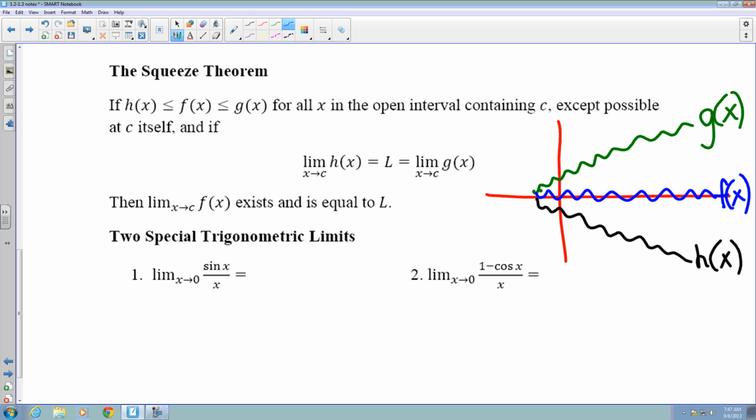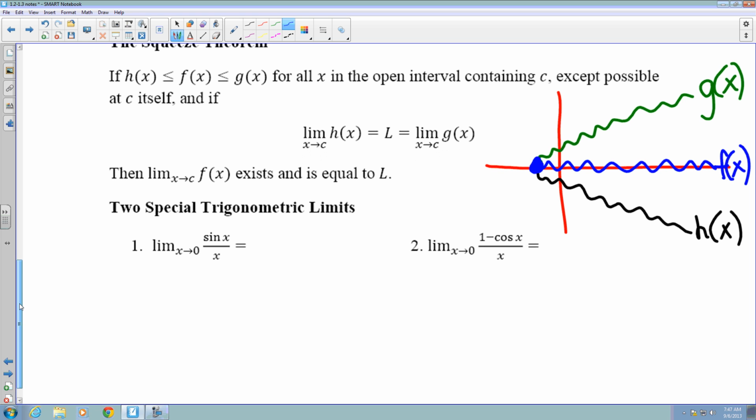And we're looking at the limit at this point here. Since g has a limit of 0 and h has a limit of 0 and f is right in the middle, it's also going to have a limit of 0 at that point. We're not going to use that too much, but just understanding what that means is going to be important.